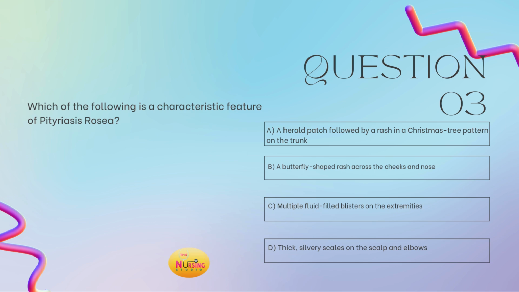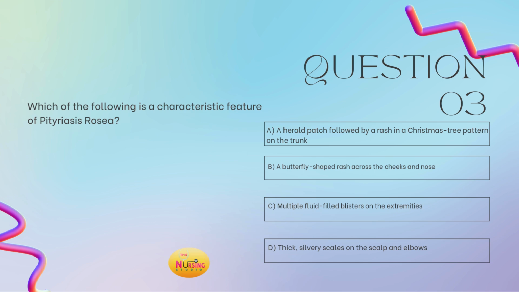Butterfly-shaped pattern rash on cheeks and nose, lupus. C, multiple fluid-filled blisters on the extremities. This may be one that you don't commonly see or hear, but I threw it in there. It's like the bullae in impetigo. And then D, thick silvery scales on the scalp and elbows.